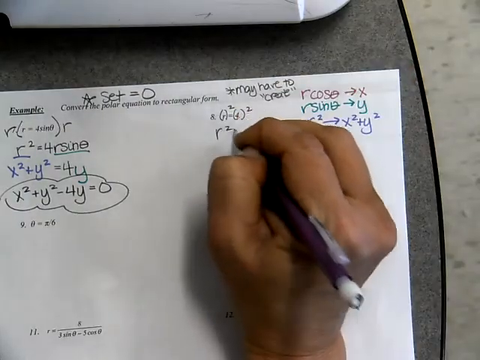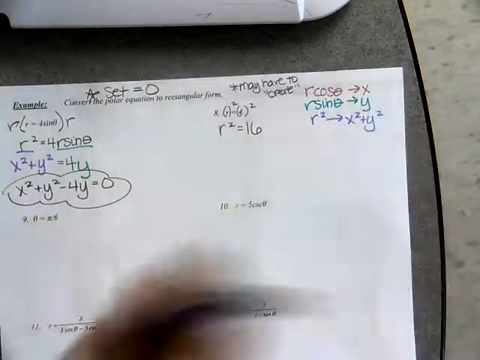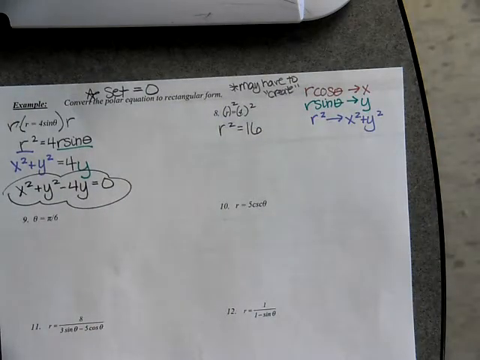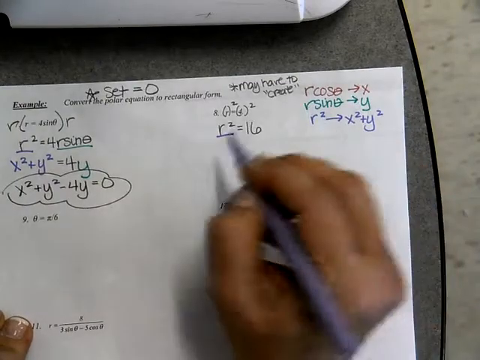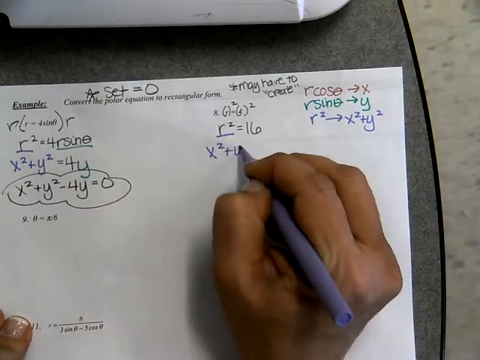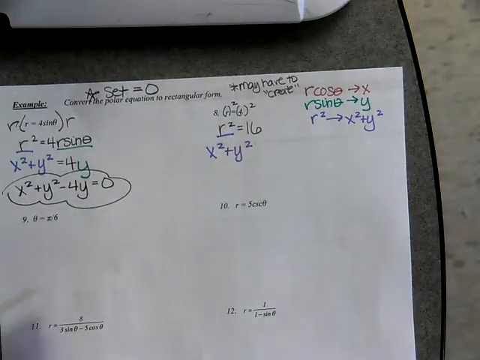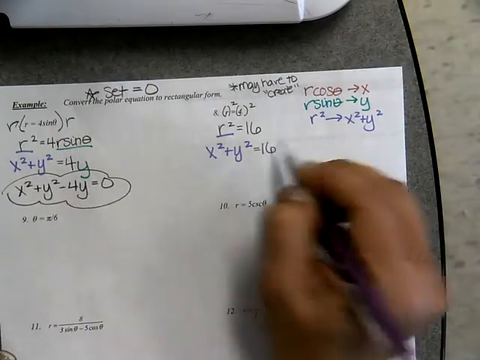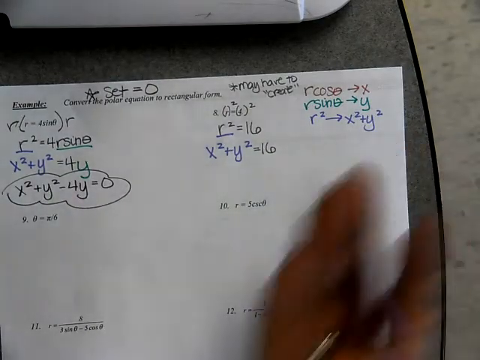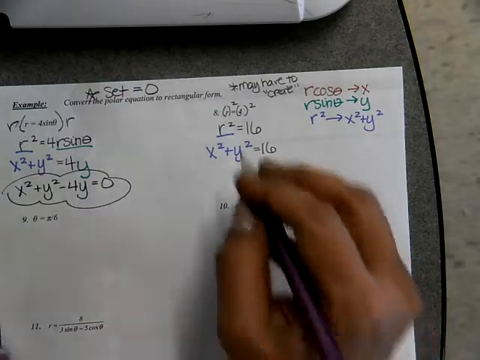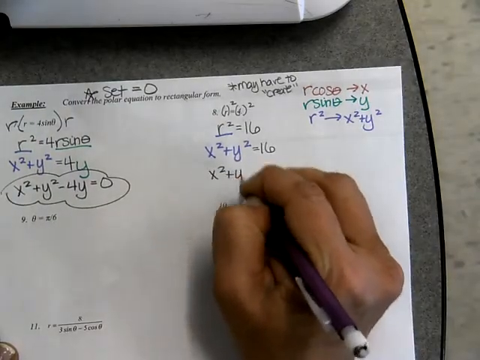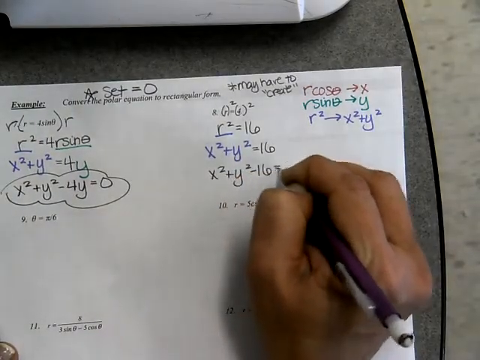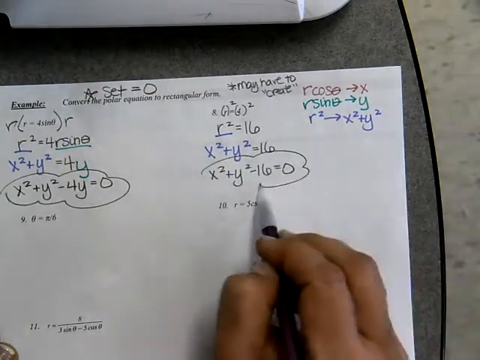Squaring both sides, I get r squared equals 16. So now that you have r squared, we can replace r squared with x squared plus y squared, and that's rectangular. Now we just subtract 16 so that it's in that general form equal to 0. Okay?